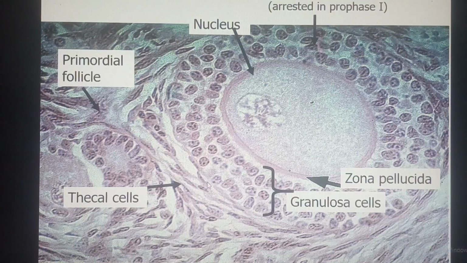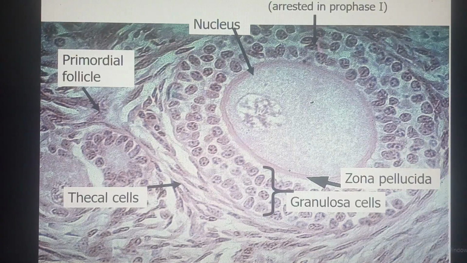The immediate surrounding stromal connective tissue cells are transformed to become theca cells. Those which are cuboidal and very proximal to the granulosa cells are the theca interna cells. They are roughly cuboidal, although we can't appreciate it here very well, and they show lipid steroid synthesis properties, such that there will be a lot of smooth endoplasmic reticulum, a lot of mitochondria rich in tubular cristae, and a lot of lipid droplets.